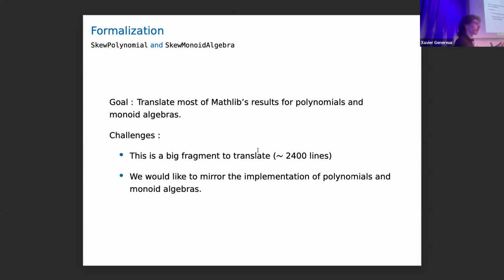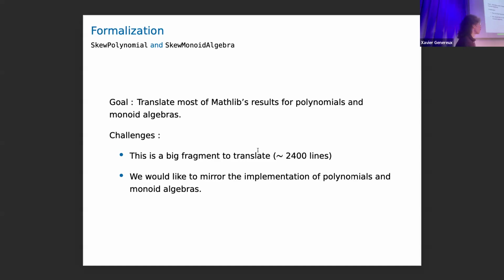The idea that we had is to take the polynomials in Mathlib and try to get all the results that can translate to skew polynomials, make sure they're still true for their skew counterpart, and then translate and have exactly the same interface pretty much as polynomials, just adapted.